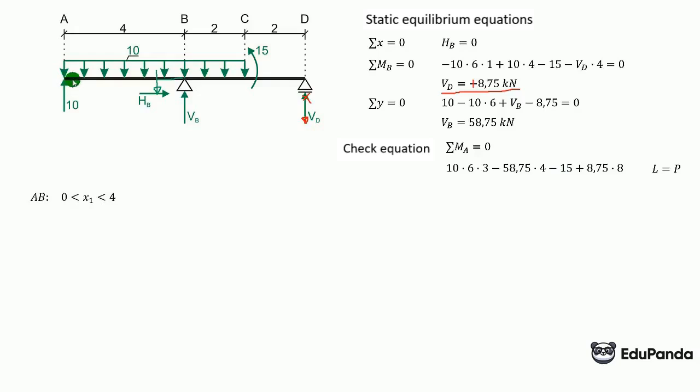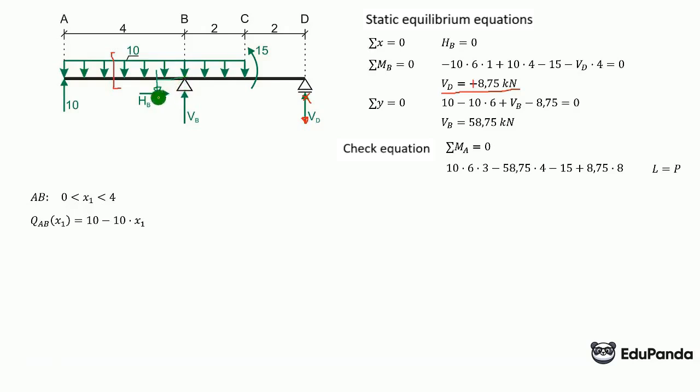And let's go. I will write the intervals. I'll create 3 intervals from the left side. The first interval, x1, is from 0 to 4. I won't be doing helper drawings here so that this video doesn't take too long. The shear force in this interval means cutting the beam in the interval from 0 to 4 meters.